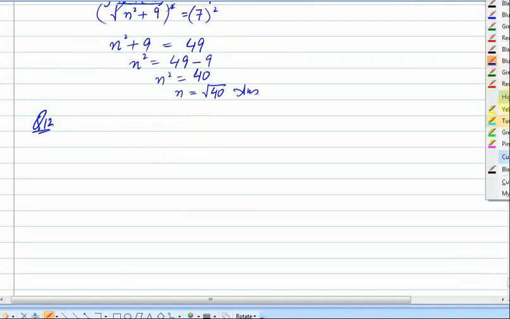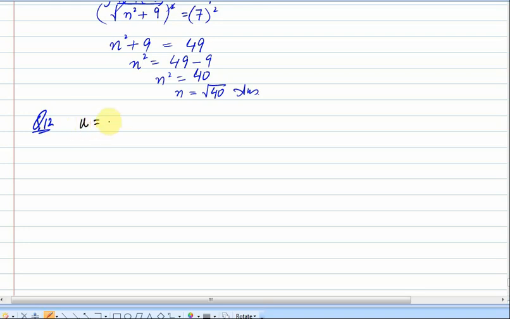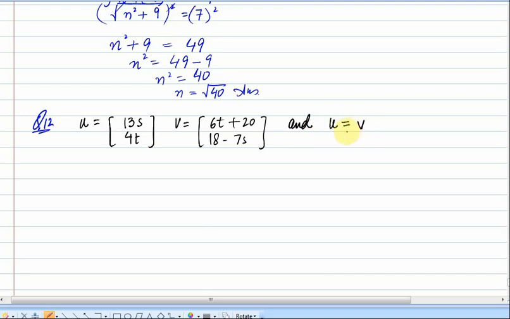It says if u is equal to (13s, 14), v is equal to (6t plus 2s, 18 minus 7s), and u is equal to v, find s and t.